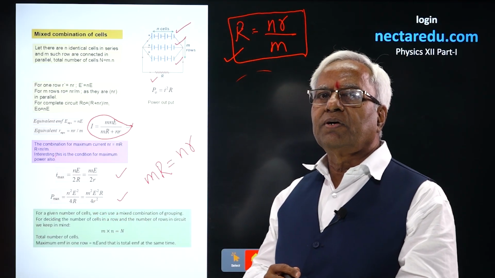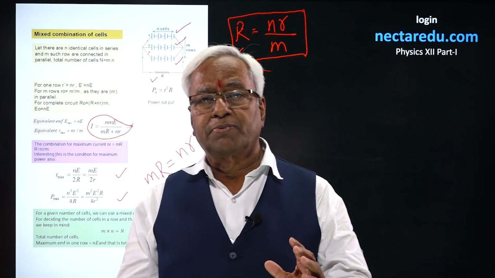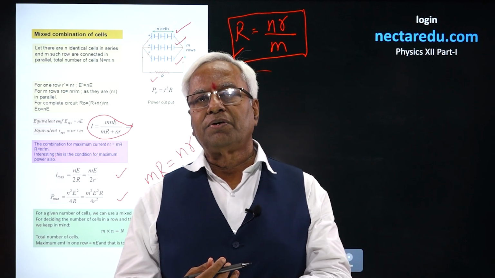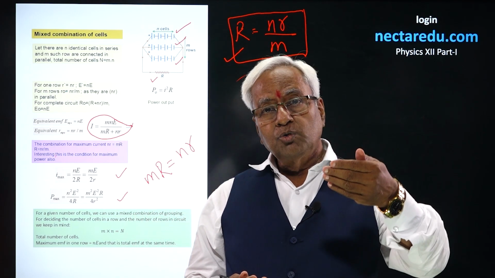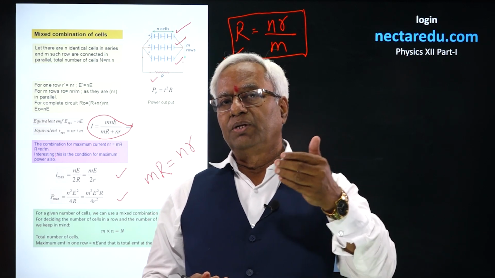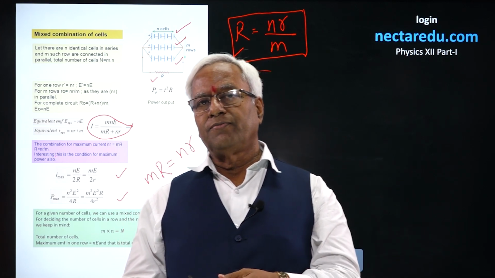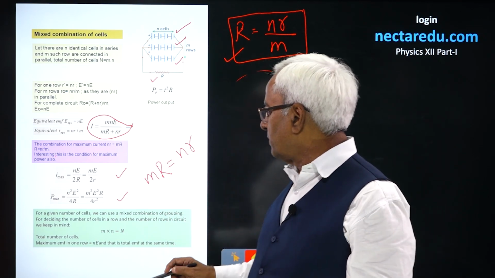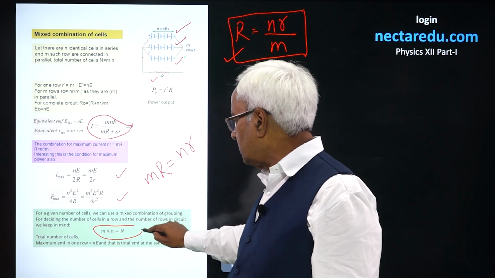Whenever you are given a particular number of cells, suppose 64 or 256 cells, and you are given a condition for how to find the number of cells in one row and the number of rows, you have to emphasize only one equation. First of all, the total number of cells is given by this relation.